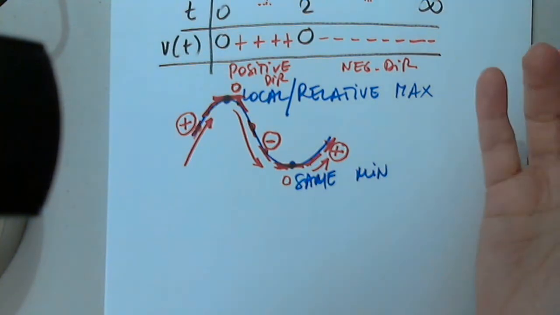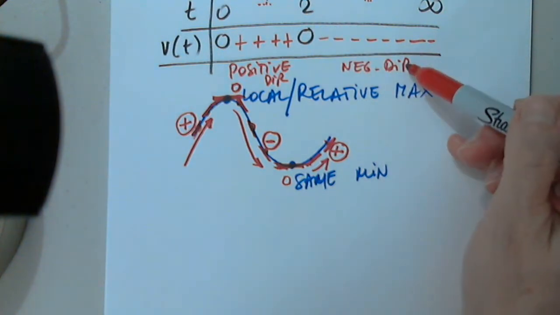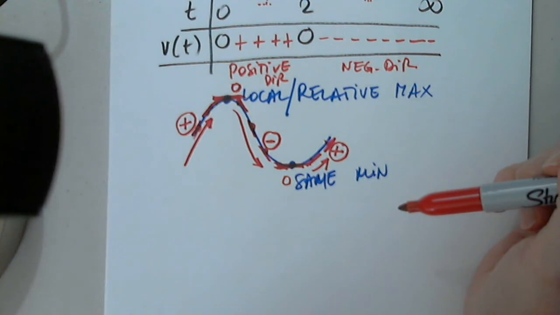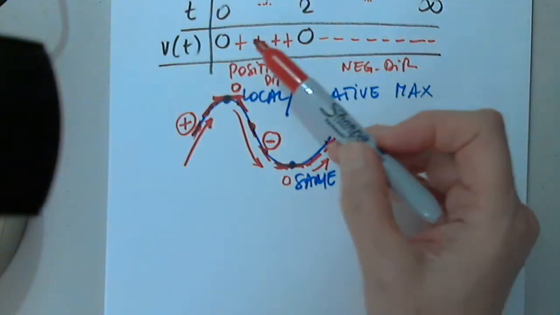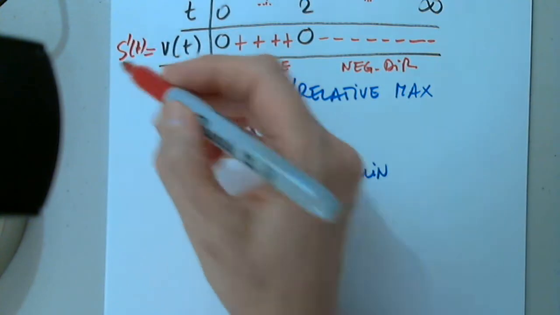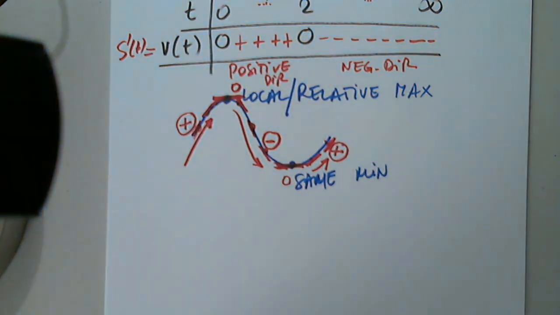We can say there is no infinity. I agree, whatever. Past second 2, it will always go in the opposite direction. So it's in a negative direction because we know that this is s prime of t. This is the derivative of the distance. Any questions on this concept?